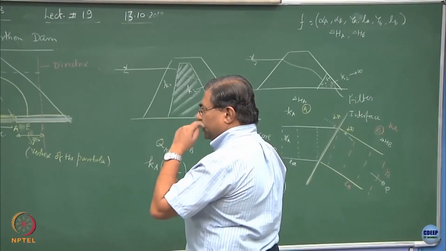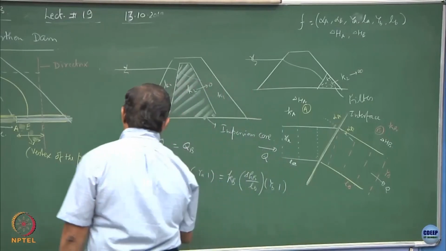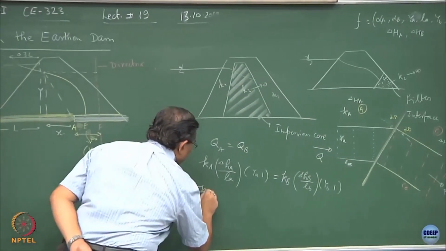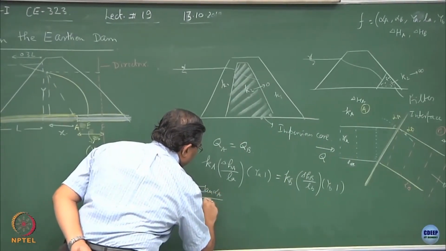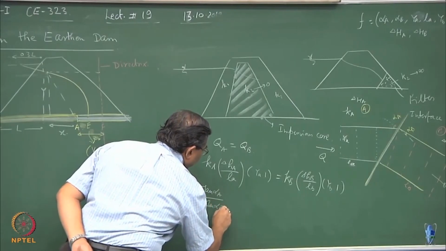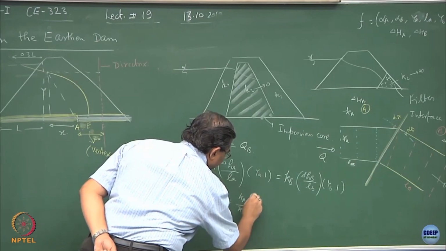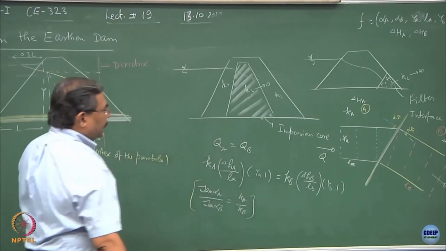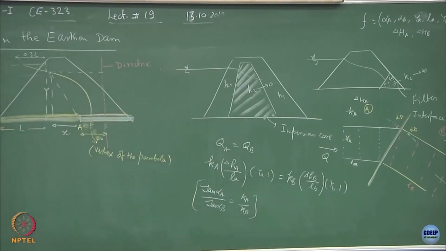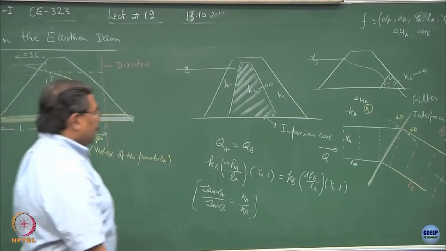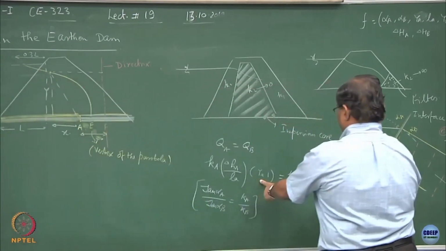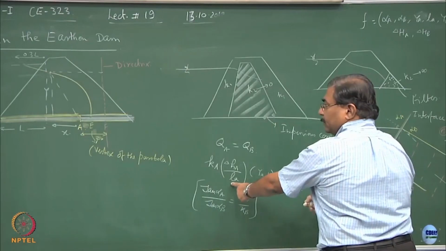Try to solve this expression and hope you will realize that what you will be getting is tan alpha A upon tan alpha B equal to Ka upon Kb. Of course, you have to assume some relationship between Ya and Yb, La and Lb.